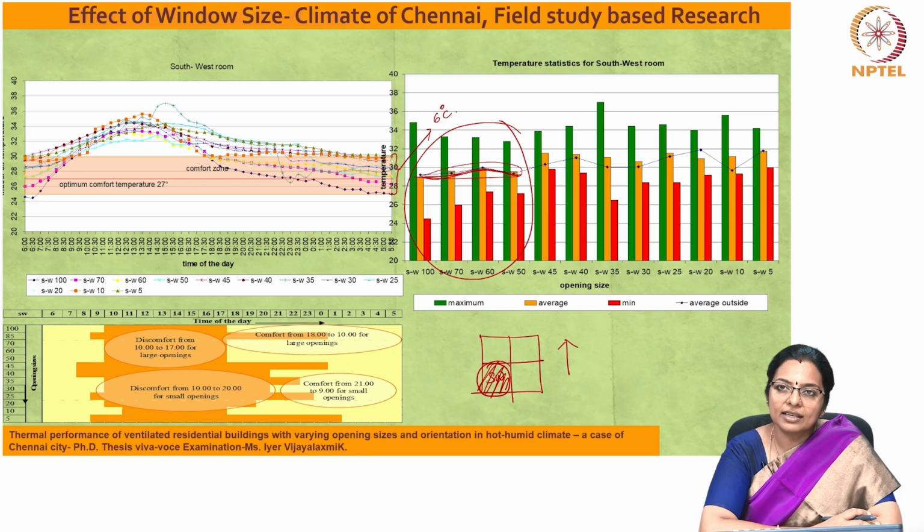The indoors are uncomfortable for 30% of the day for large openings. As the opening size decreases, the percentage of comfort hours also decreases and occupies 55% to 45% of the day.